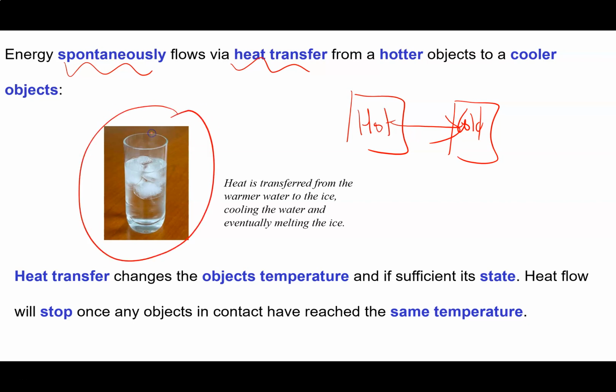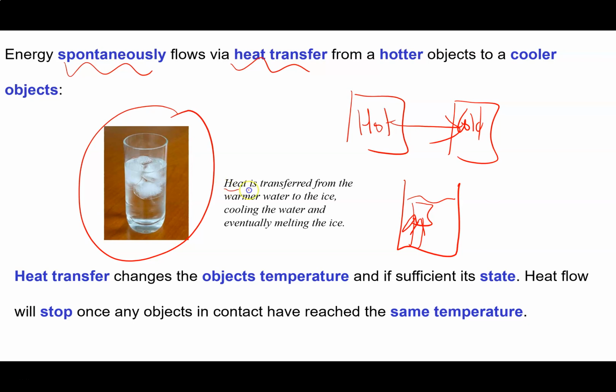So this is interesting to think about. If you put ice cubes into water, what is happening? Well, conventional wisdom will tell you that the ice cubes make the water cold. Well, it's really probably more correct to say that the water is making the ice hot, because what's actually happening is heat is moving from the water into the cold ice cube.